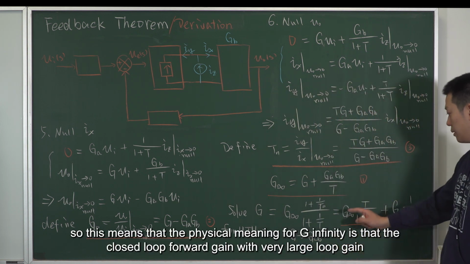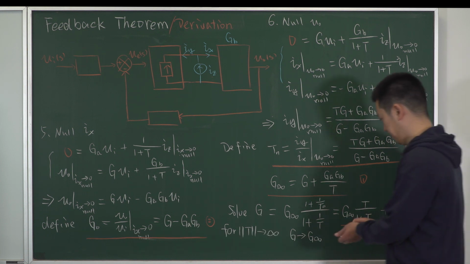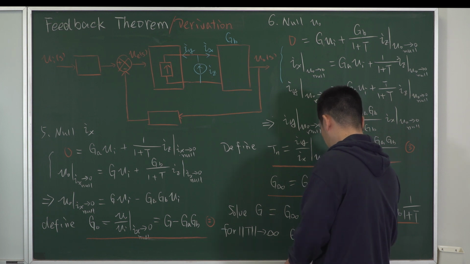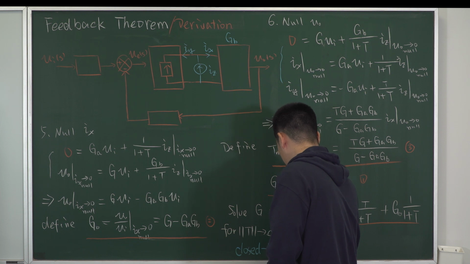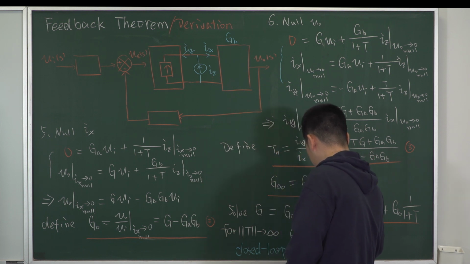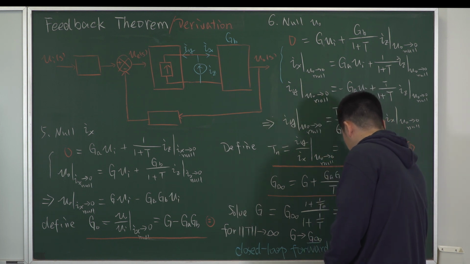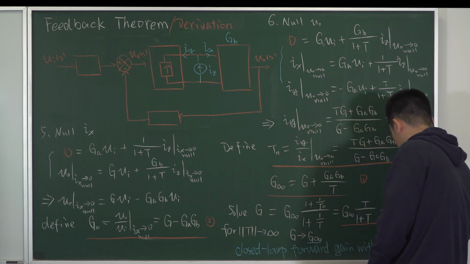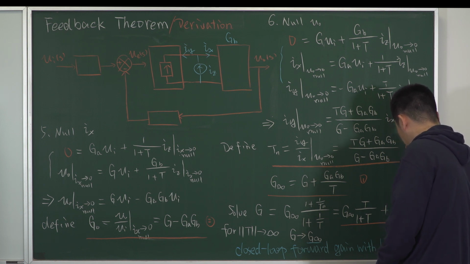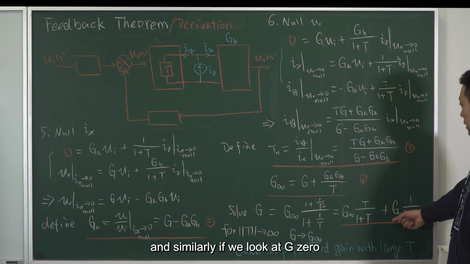So this means that the physical meaning for G infinity is the closed loop forward gain with very large loop gain T.